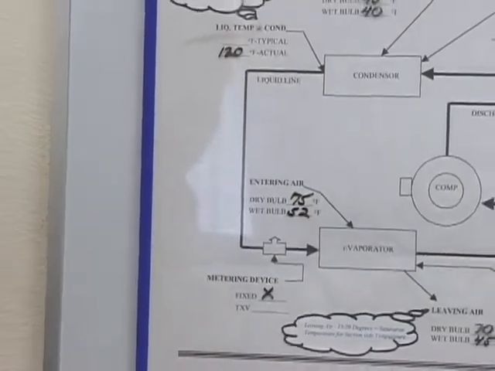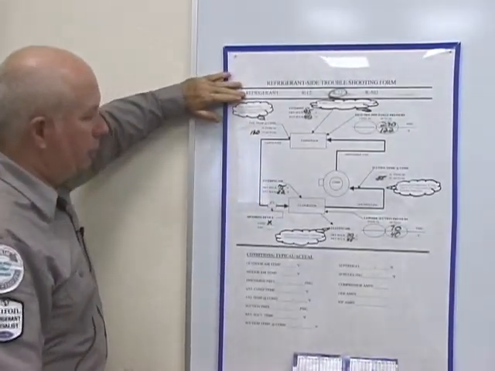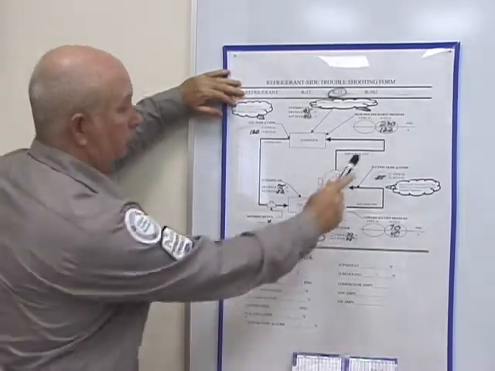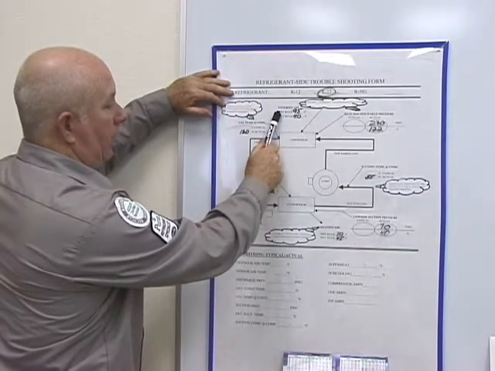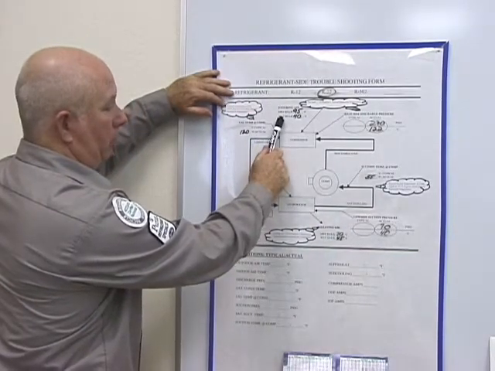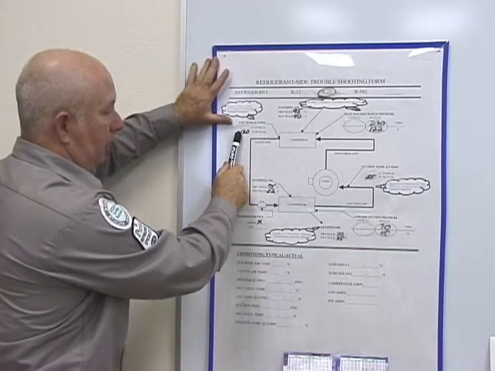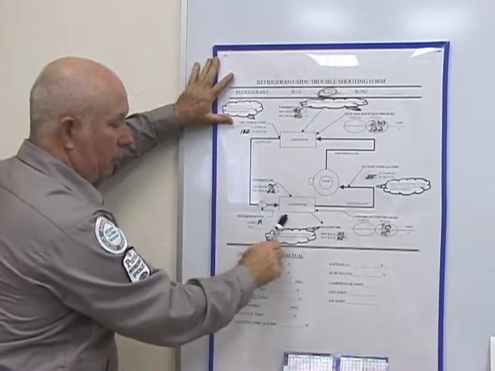So now we look at our sheet and we see that we know what the refrigerant is. We check all the areas to be sure that they're in the actuals. High side discharge, actual. Outside air temperature, dry bulb and wet bulb. Our actual for our liquid temperature at the condenser. Entering air, dry bulb and wet bulb.